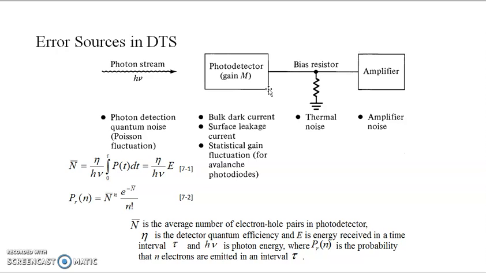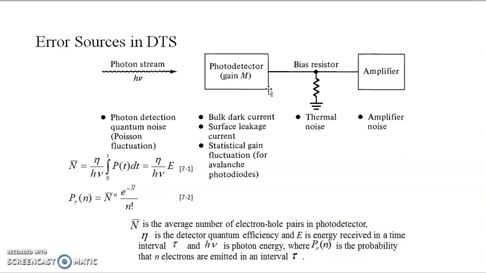Shot noise occurs in electronic devices because the input signal is discrete in nature, and the current flows because of that discrete nature of the electric signal.